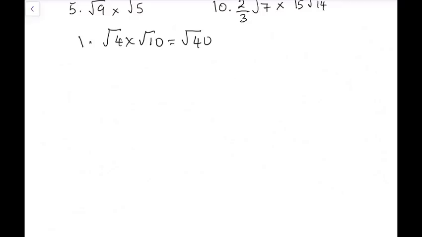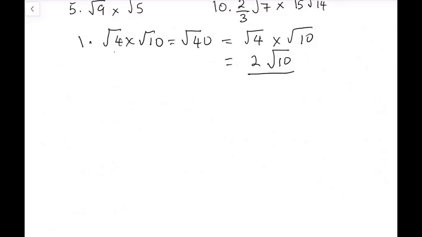We can also break it down further: root 4 times root 10, and we know the square root of 4 is 2, and that gives us 2 root 10, because root 10 is an irrational number.